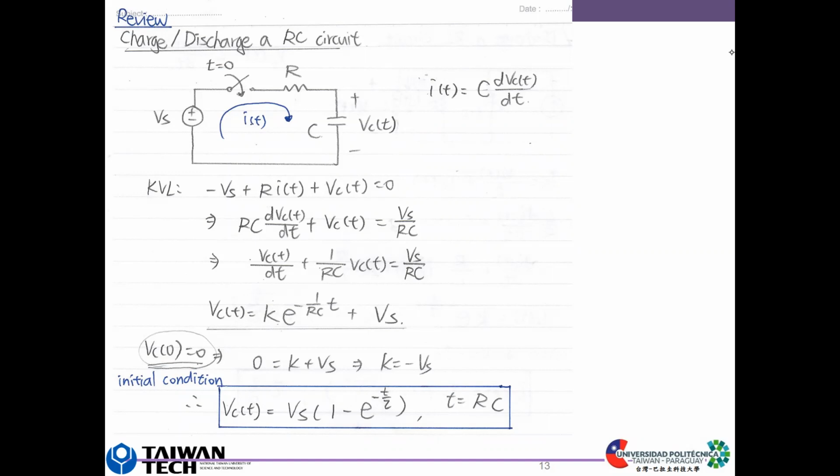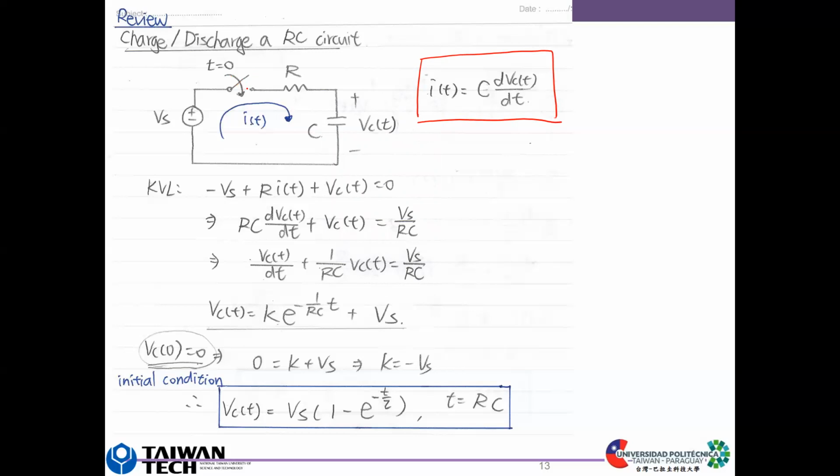So we derived this before. For a capacitor, it is driven by current. So we have this i_C(t) equals C times dV_C(t)/dt. The switch is initially open and it closes when t equals 0.